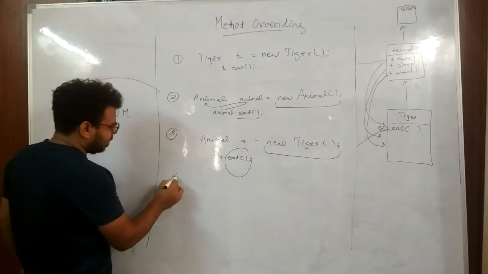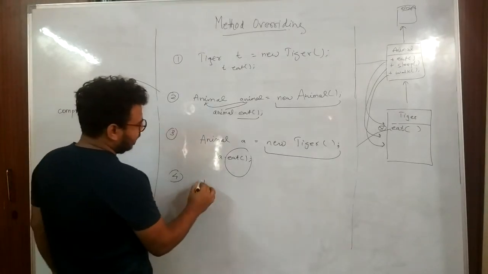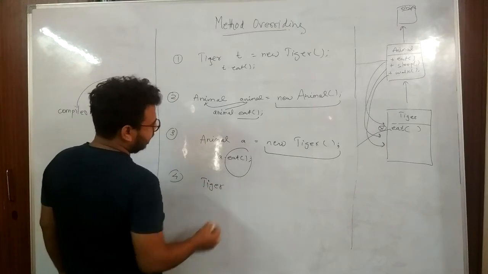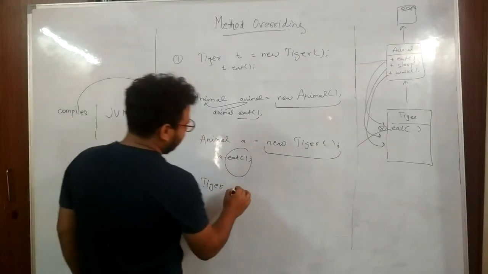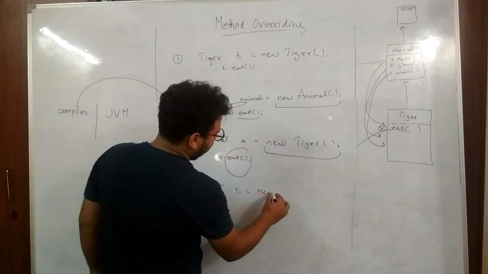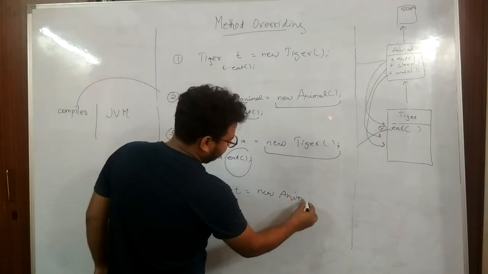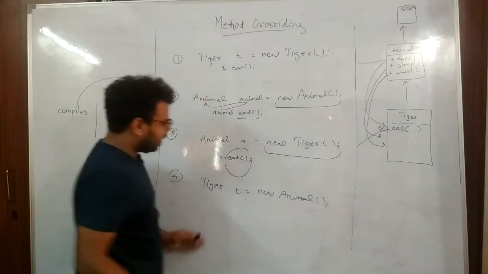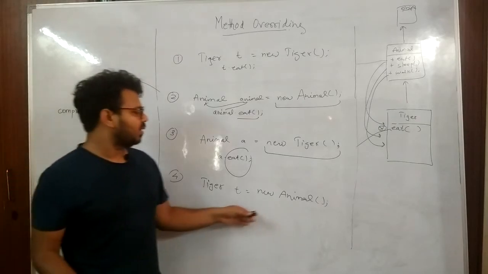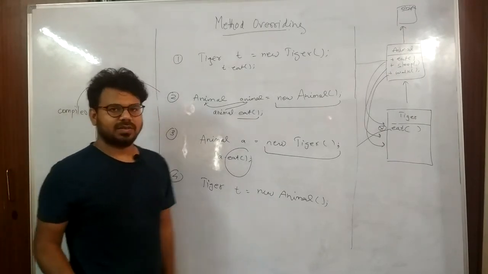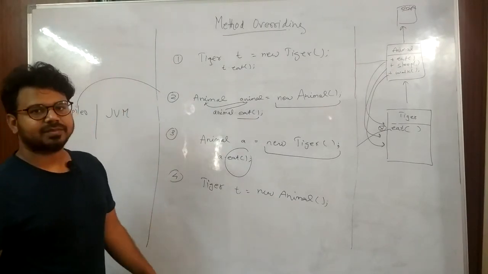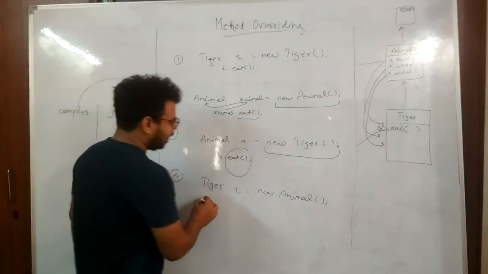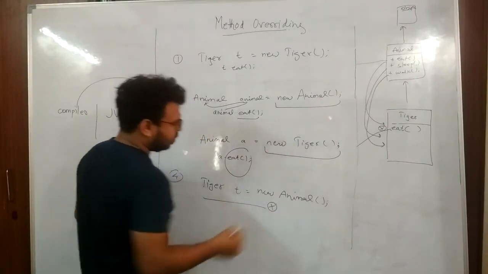And also think of another last scenario, that is Tiger t is equal to new Animal. Can we assign a parent object to a child reference? Will it compile fine? Let me tell you, this will not work.